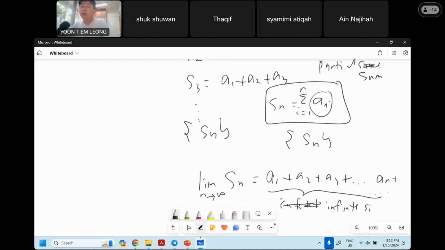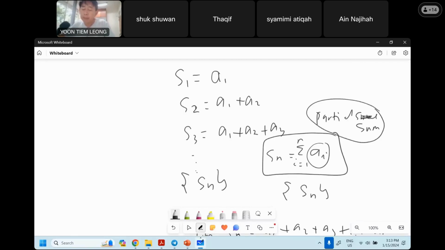First is the definition of the partial sum. The partial sum is just the sum of the first n terms in the sequence. Then you look at this partial sum.